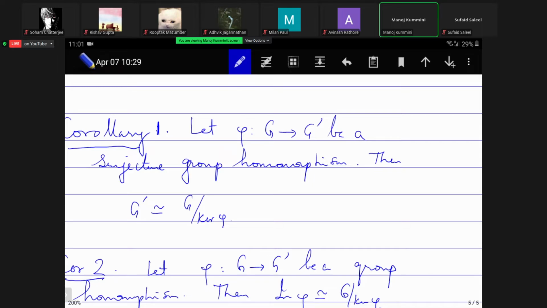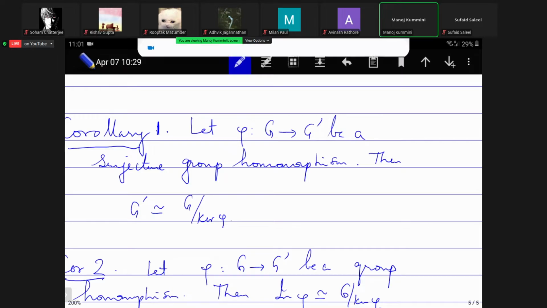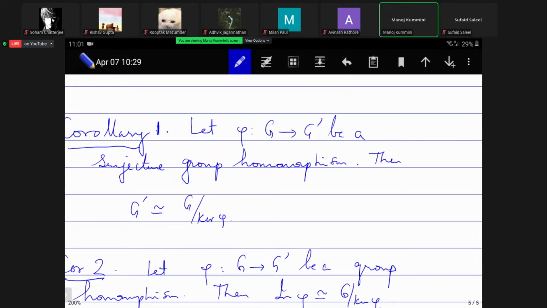We need to find a group homomorphism and prove that it is an isomorphism. Typically, if the maps are very natural, we don't write down what the function is, but it is still required. When you claim that two things are isomorphic, we need to give the function that establishes the isomorphism.